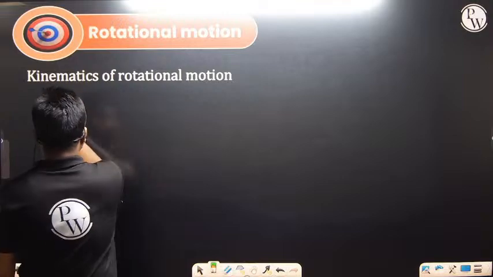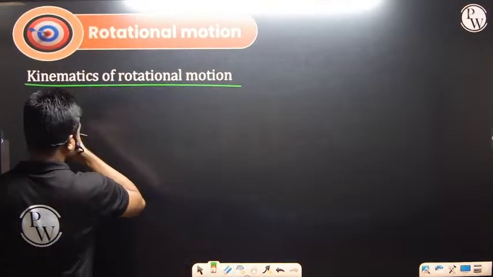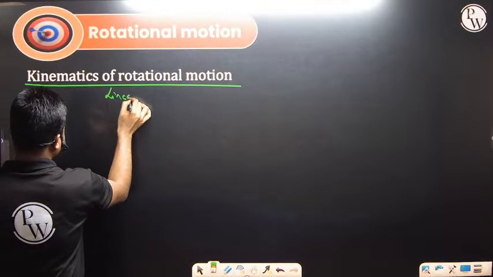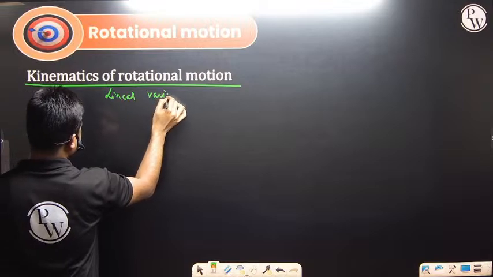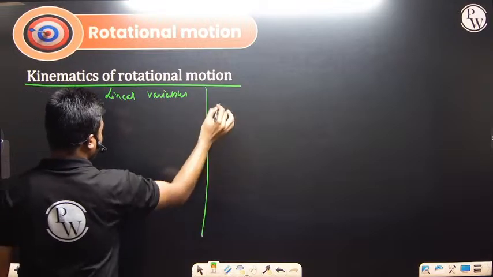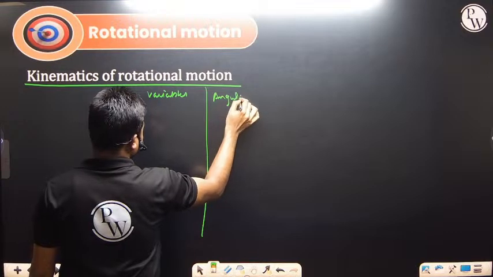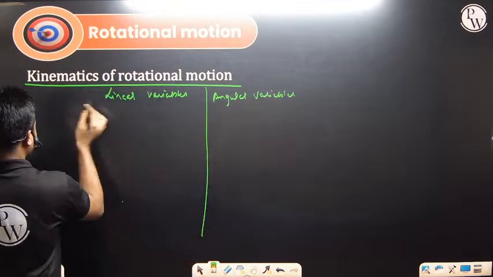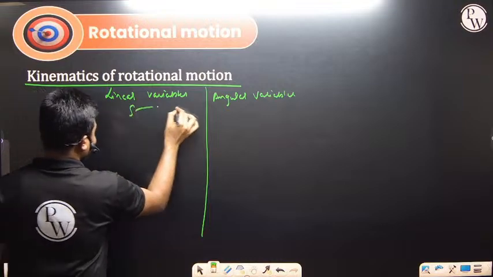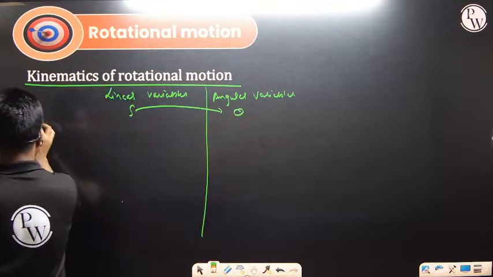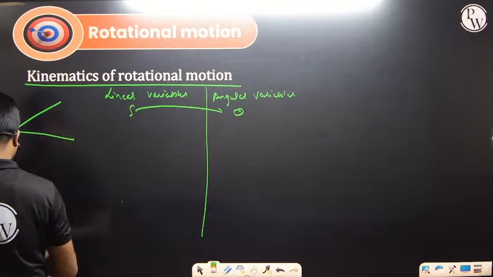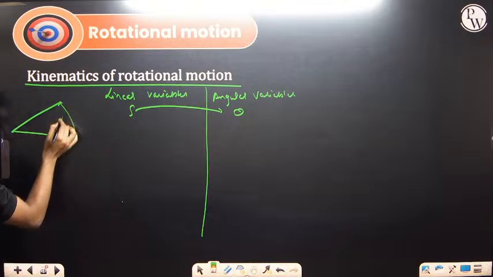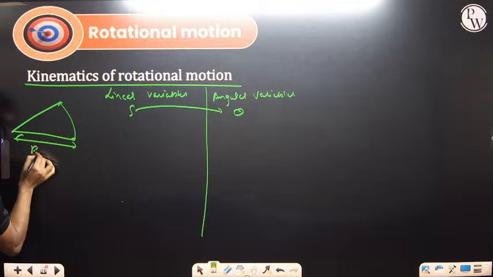So what are the kinematics of rotational motion we have? Let's revise. Make two columns: this side linear variables, and this side angular variables. What about linear variables we have? We have displacement, corresponding here we have theta. What is theta? The object is rotating in such a manner that this radius is r and this angle is theta.